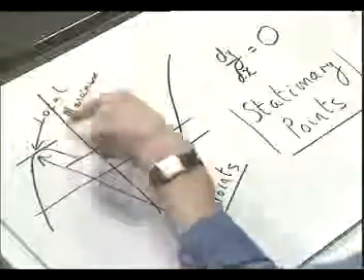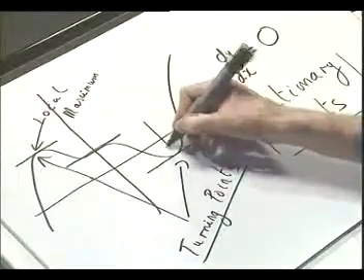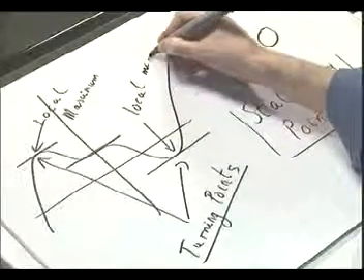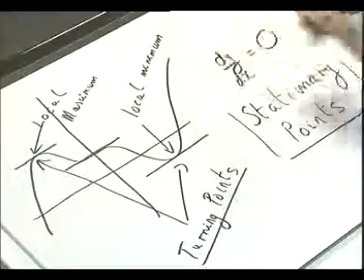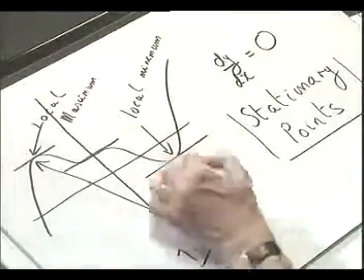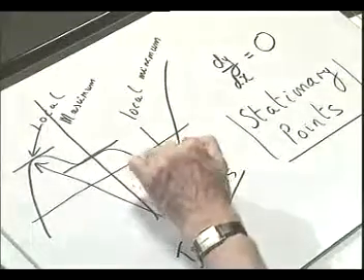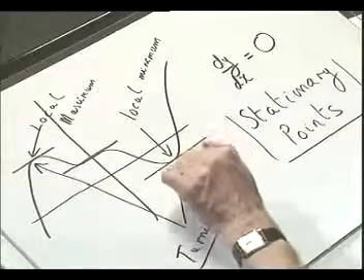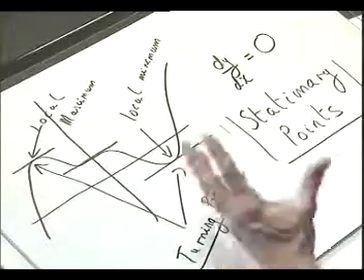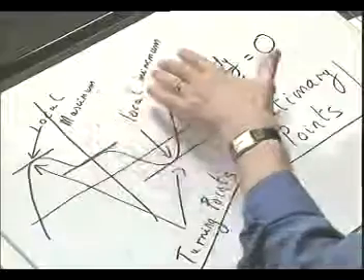Now, usually we forget about the local and we just call it a maximum. Similarly, this point is called a local minimum, because again, in this particular region of it, the curve goes no lower. So this is the least value in this area, a local minimum. Again, we forget the word local quite often and just use minimum.